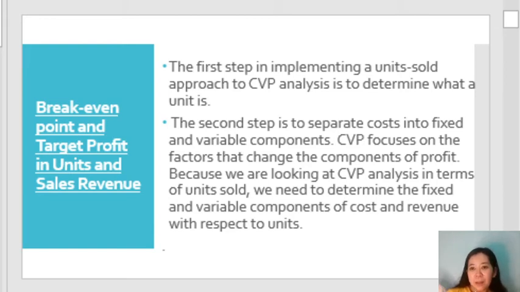So, because we are looking at CVP analysis in terms of units sold, we need to determine the fixed and variable components of the cost and revenue with respect to the number of units. So again, you are going to understand this better as we go through the different illustrations.